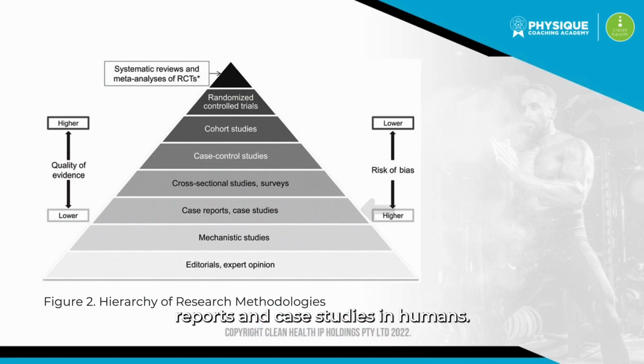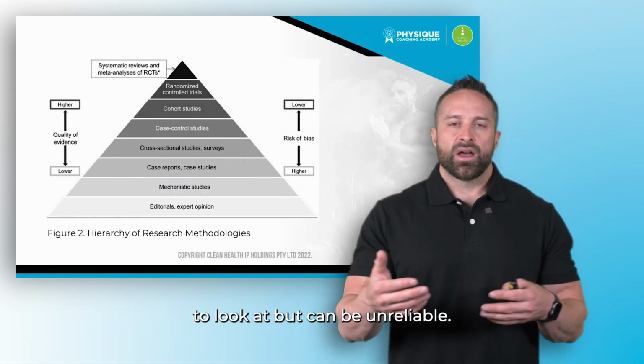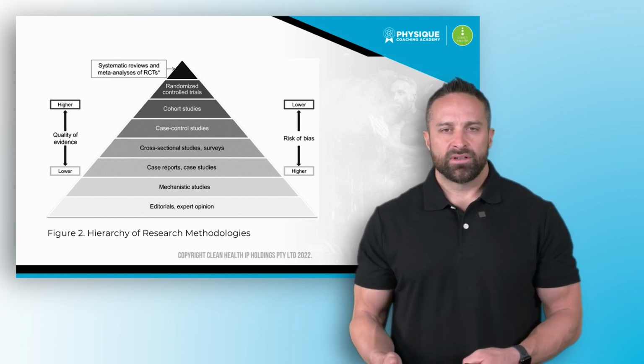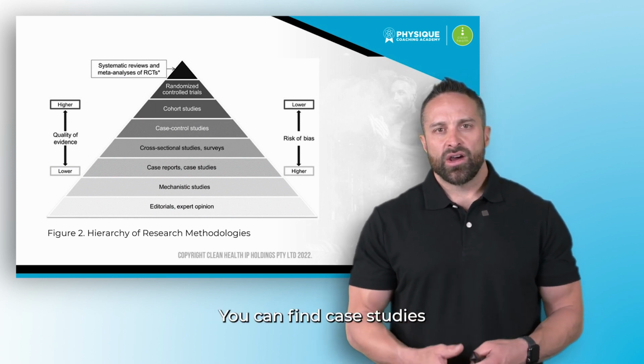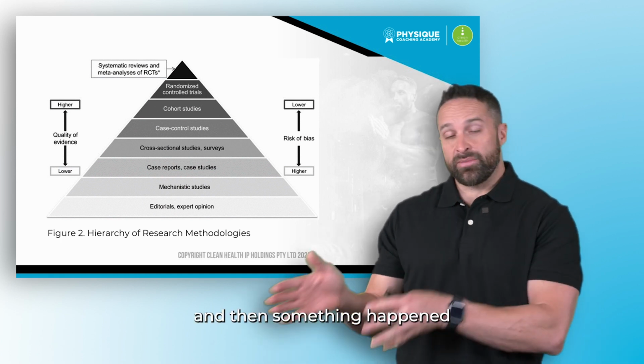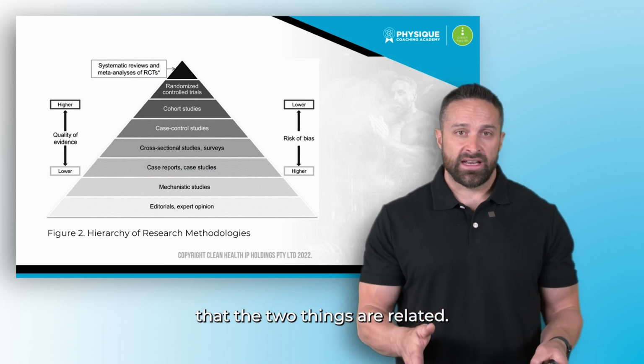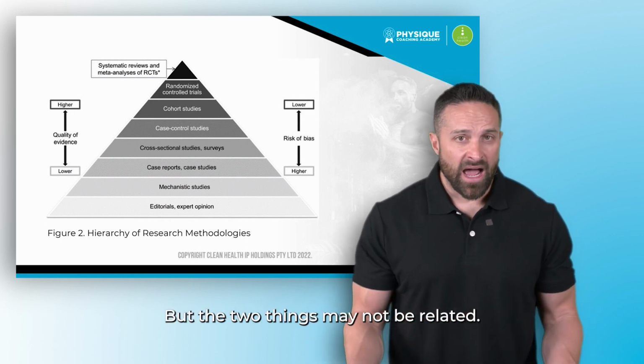Then we have case reports and case studies in humans. Again, reasonable to look at, but can be unreliable. You can find case studies where people did something and then something happened and they are assuming that the two things are related. But the two things may not be related.